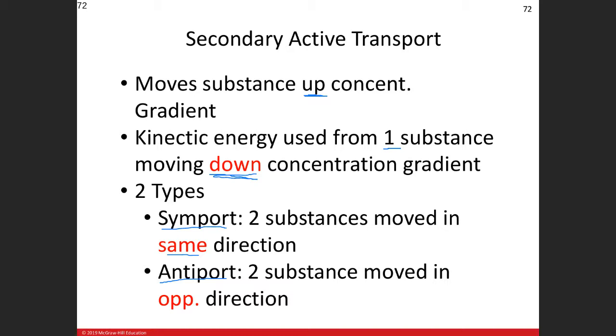Symport we see in the thyroid gland, as we are trying to get iodine into the follicular cells there. It kind of piggybacks on sodium.